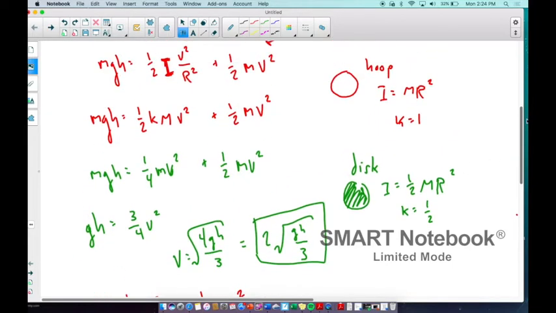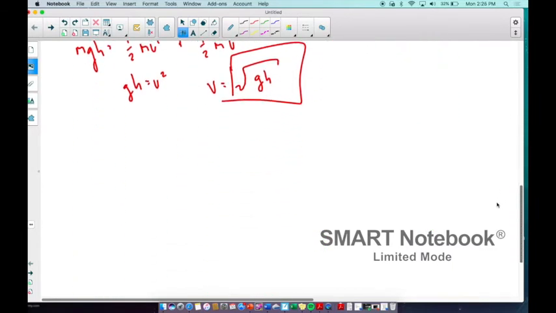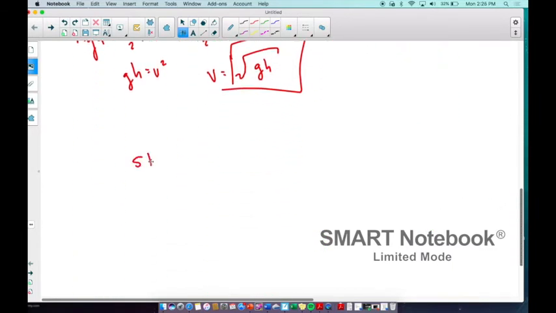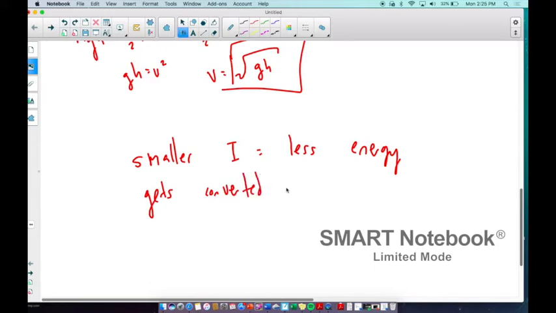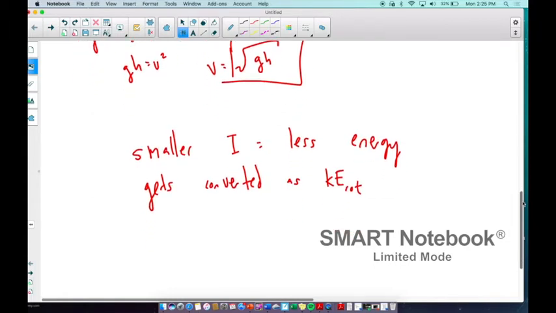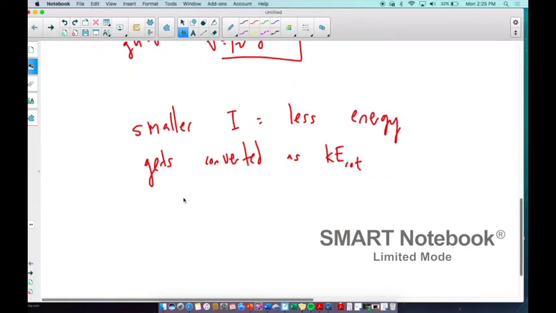Okay, so the smaller your I value, the less energy gets converted to rotational kinetic, assuming that we are looking at objects that have the same mass and the same radius.